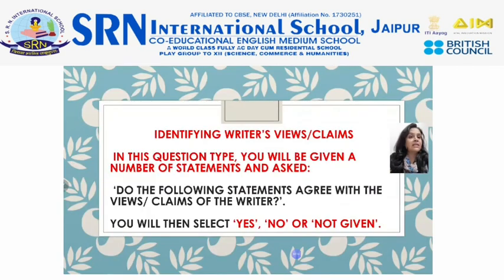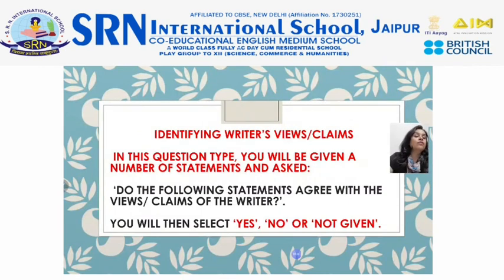Now next is identifying writer's views and claims. In this question type you will be given a number of statements and you will be asked: do the following statements agree with the views or claims of the writer? You will then select yes, no or not given. Again it is important to understand the difference between no and not given.